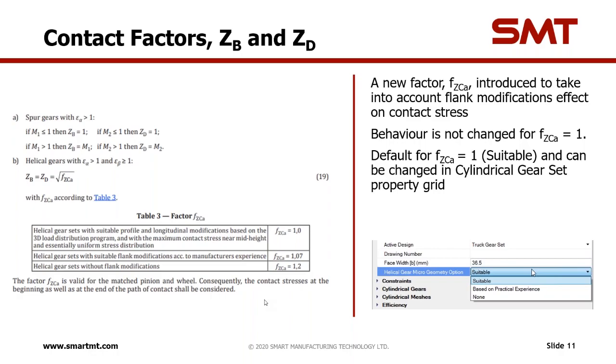The default factor of FZCA, as Sam mentioned, is 1, which assumes the microgeometry is defined and designed using MASTA. And both ZB and ZD, the contact factors, are identical to the previous version for this given default case.